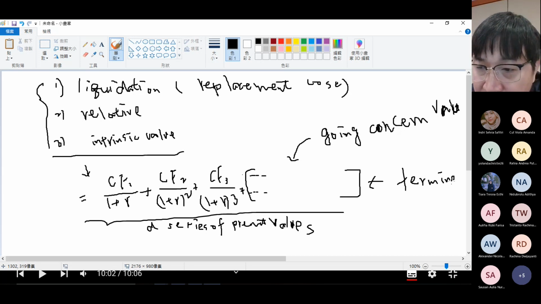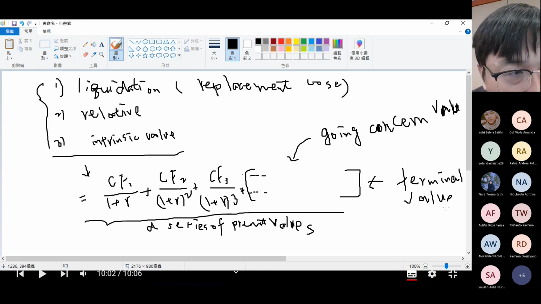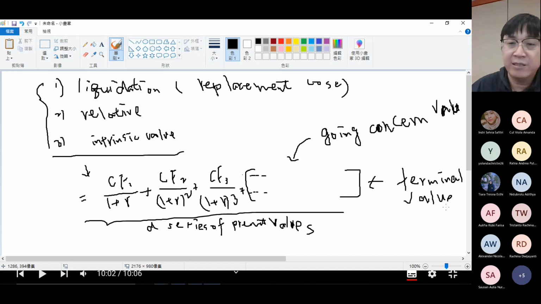Alternatively, terminal value. So if you call this the terminal value, that doesn't mean you stop the operation at day 3. So before that, you also have the three cash flows, right?